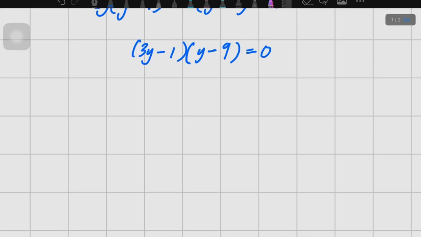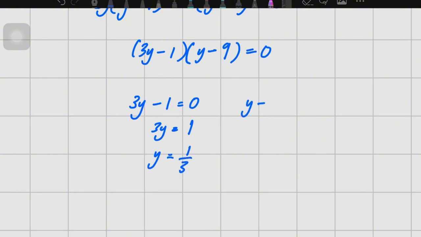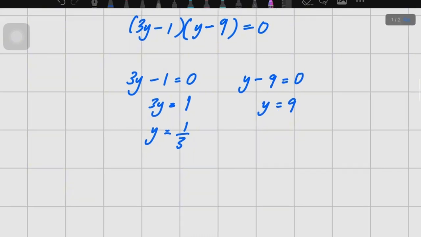So to solve it, we need to find y. So 3y minus 1 equals to 0, 3y equals to 1, y equals to 1 over 3. Then y minus 9 equals to 0, then y equals to 9.